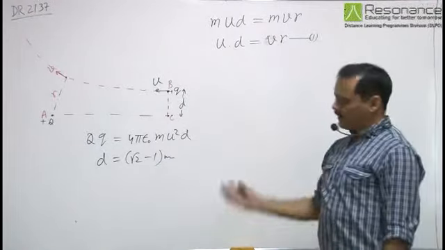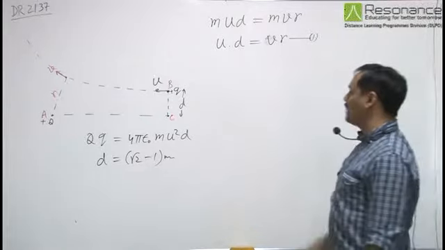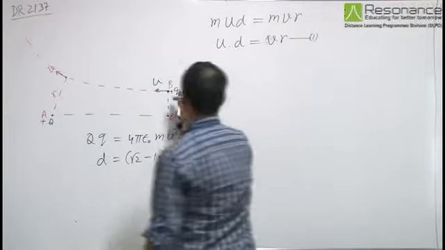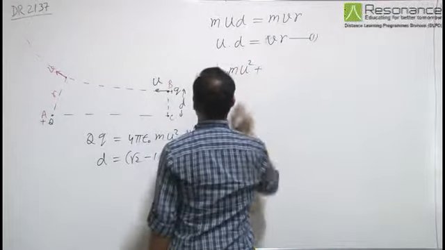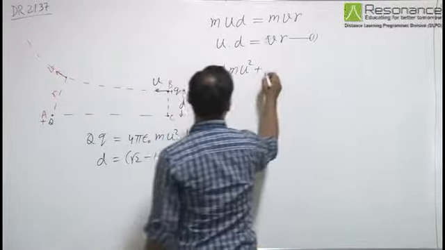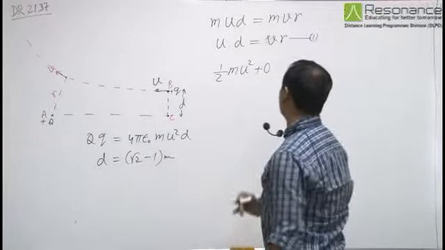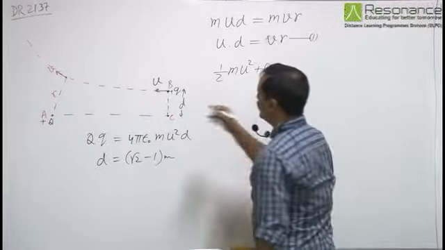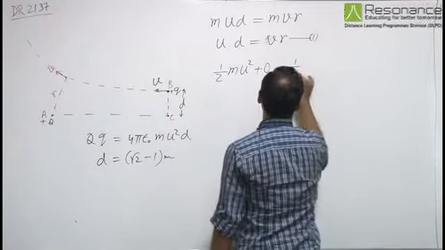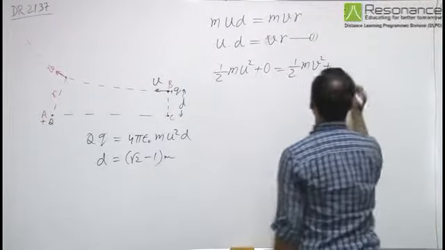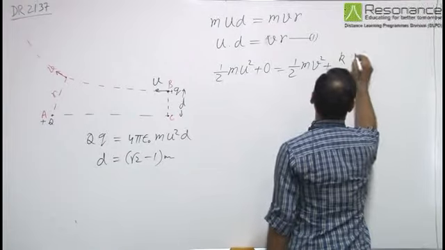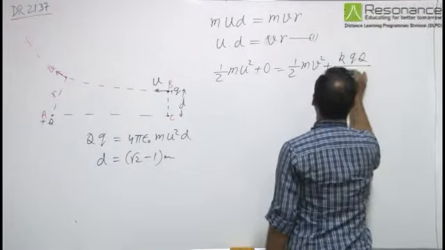And now from the conservation of energy, we can write initial energy half m u square plus, as the distance is very large, potential energy is 0, is equal to final kinetic energy half m v square plus potential energy, that is k Q q by r.